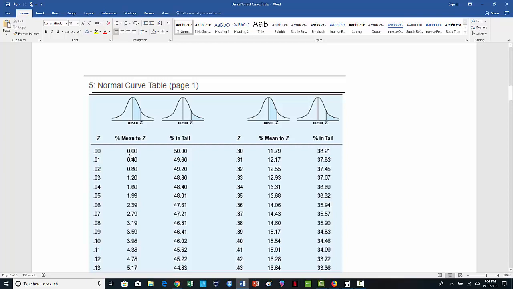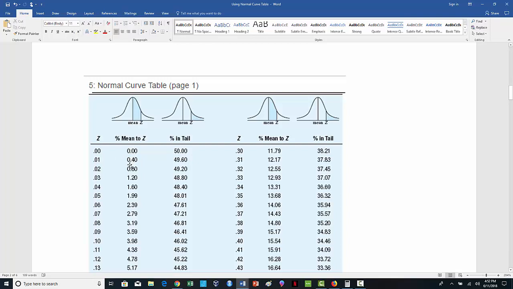So this is saying there are no scores between the mean and itself. It says 0% right here. But the percent from the mean to the end of the tail, in a perfectly normal distribution, we know is 50%, because 50% are above the mean, 50% are below the mean.